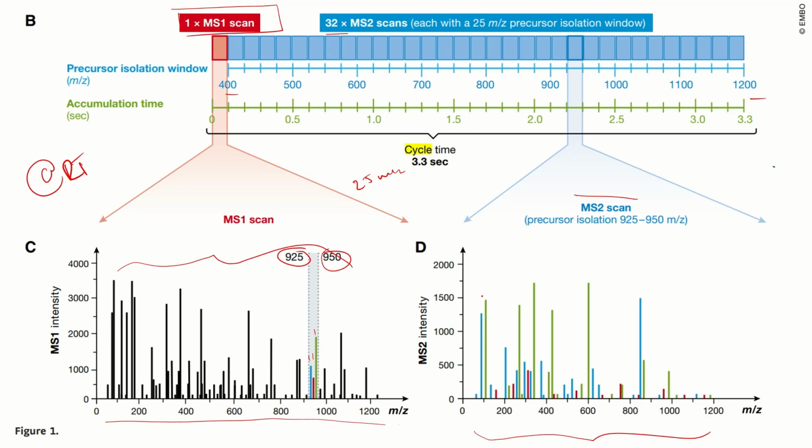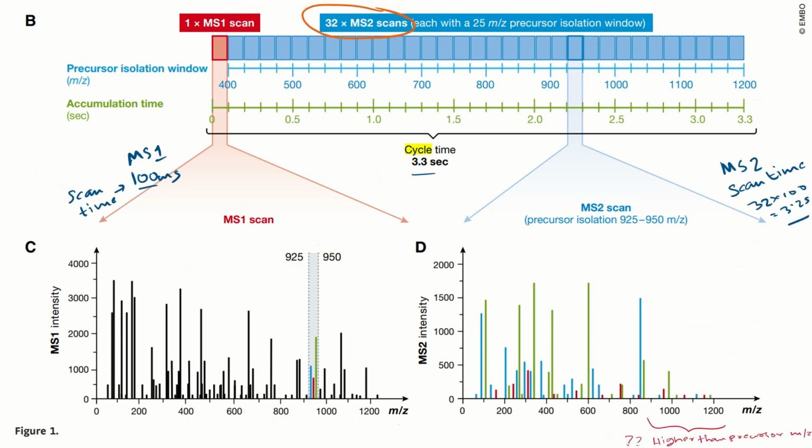Chimeric spectra is where you have the fragmentation information of more than one precursor ion. Here the green, blue and red fragments are mixed together. How to identify the precursor ions using the chimeric spectra is an important computational problem. This needs something called deconvolution, but that is out of scope for now.